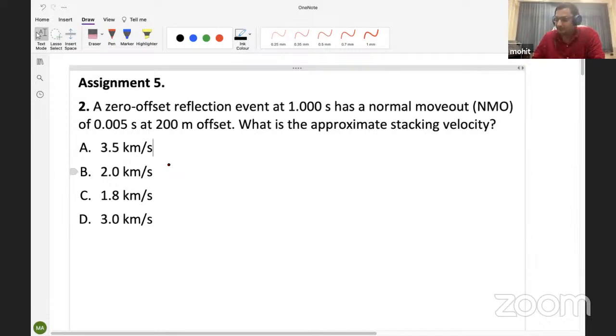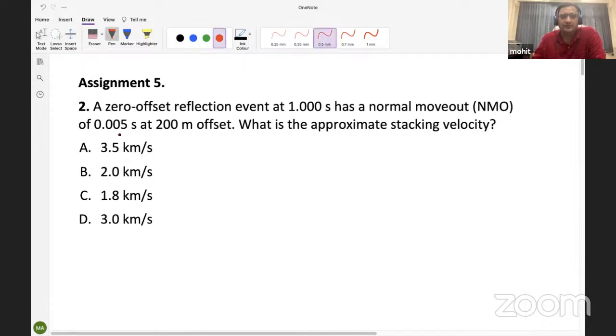Question number 2 says a zero offset reflection event at 1 second has a normal move out, in short known as NMO, of 0.005 second at 200-meter offset.